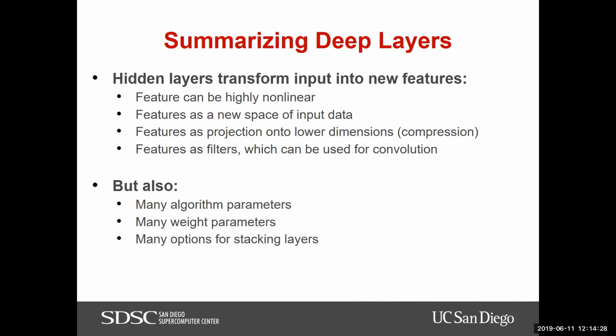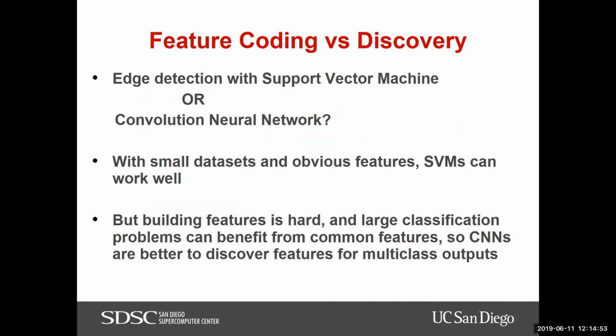They can be different kinds of filters. And in the end, there's a lot of weight parameters, a lot of ways to find these parameters, and a lot of options for building these convolution networks. So there's still a lot of activity going on in how to build the best networks. I'll talk a little bit more about that.